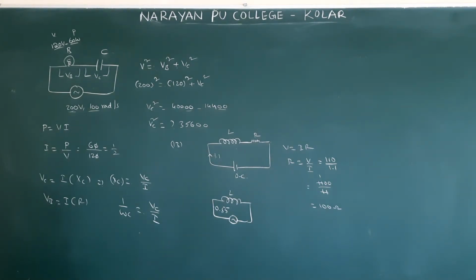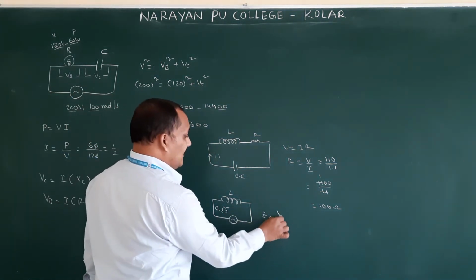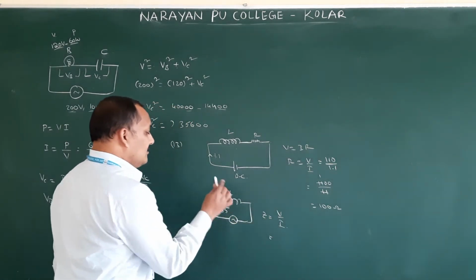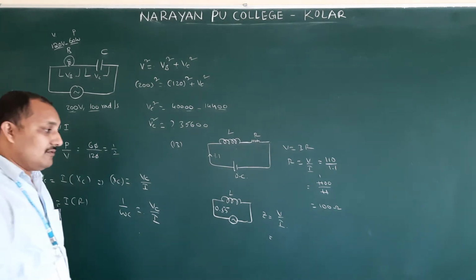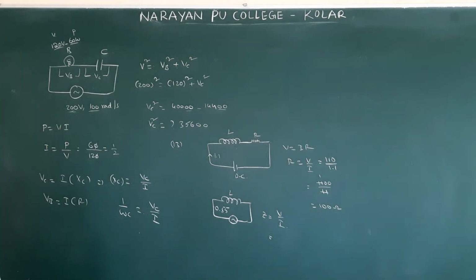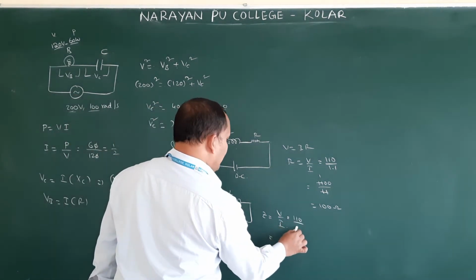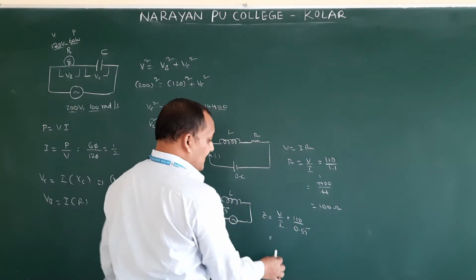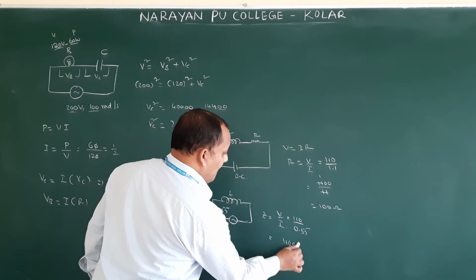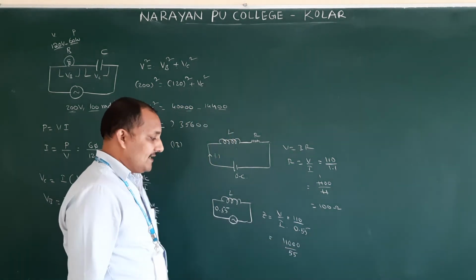But they are asking impedance and reactance. So for impedance, Z is equal to V by I. The I value is 0.55, and the V value is 110 volts. 110 by 0.55. 0.55 can be written as 55 by 100.